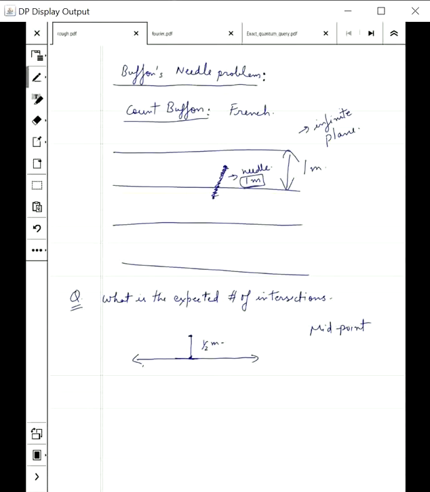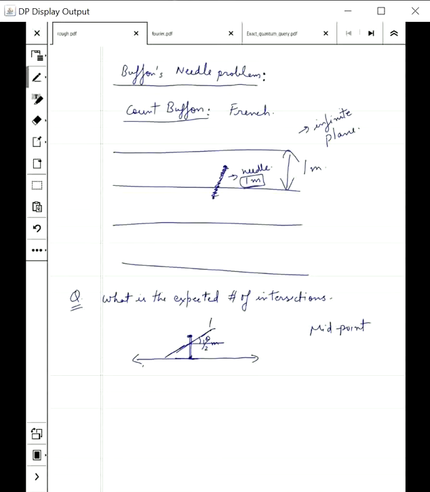So let's say this is the line. The distance of the midpoint from the line is at most ½ meter, and the other parameter is the angle. So let's say it makes an angle of theta. So here this was our needle.